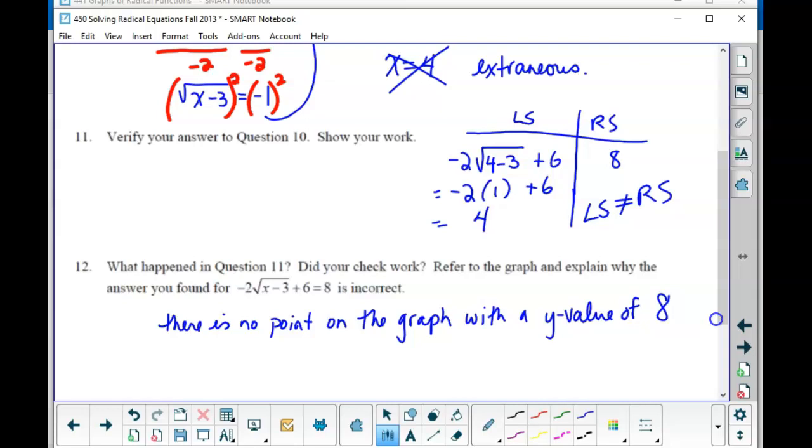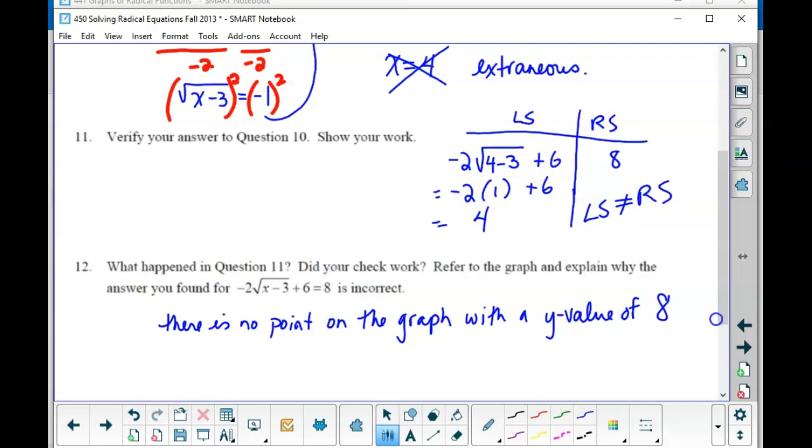So why does that happen? Well, remember what we're doing, we're squaring something with x in it. So even though it's square rooted, when we're squaring, it's actually introducing another possible root. Ends up there's only one root when we solve it, but it's extraneous. Okay, so there wasn't anything to start with.